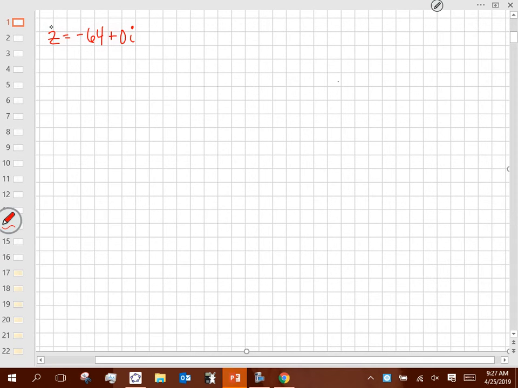And obviously they're using Z here, so that should be an indication as well. They'll say, if Z is equal to this, find the sixth roots of Z. So basically it says find the 6 things that, if you were to multiply each by itself 6 times, you get negative 64.